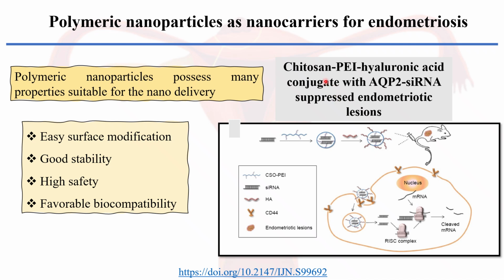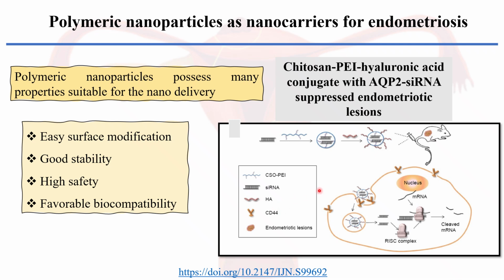Chitosan PEI hyaluronic acid conjugated with AQP2 siRNA suppressed endometriosis lesions. Here, Saho et al. synthesized a nanocarrier using the composite of chitosan, PEI, hyaluronic acid and siRNA. The hyaluronic acid can bind to CD44, which is overexpressed in the endometriosis lesion.